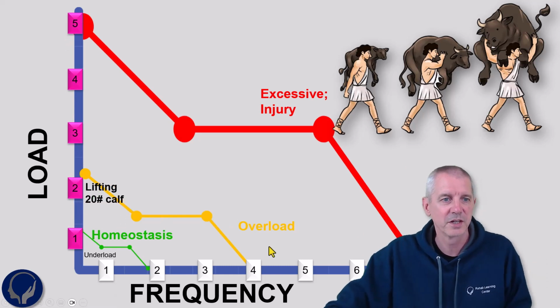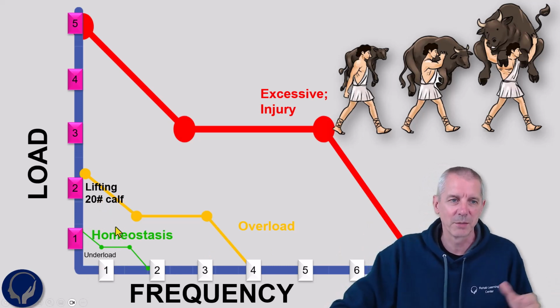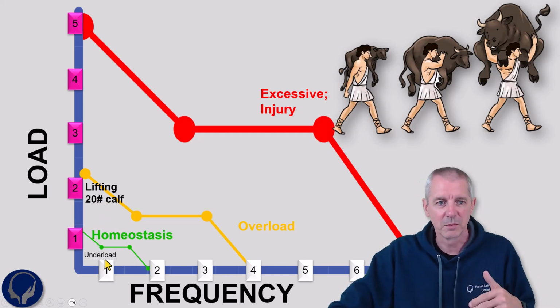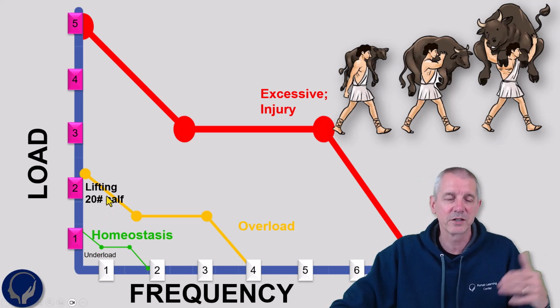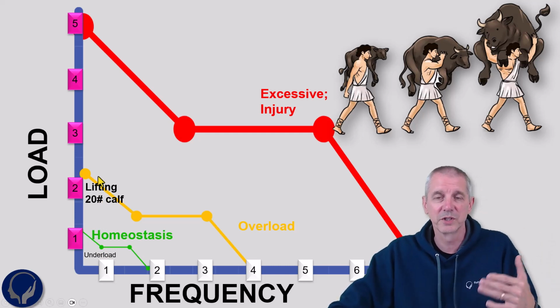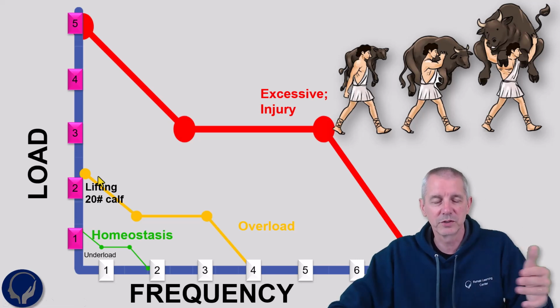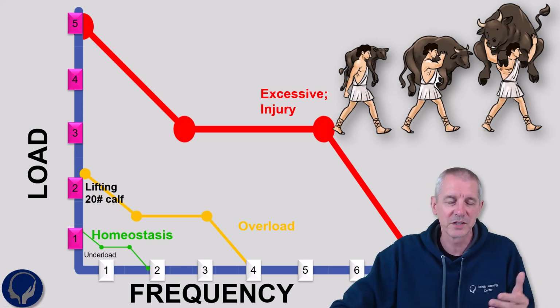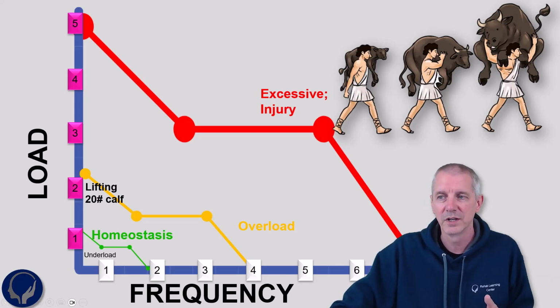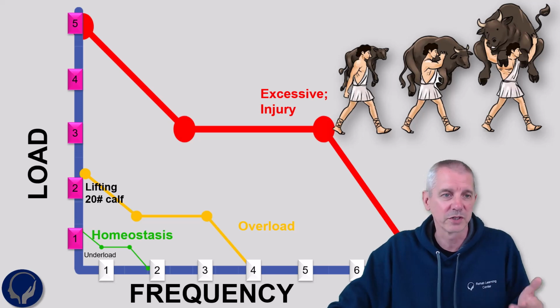So in this case, 1 day per week, he is lifting a 20-pound calf. For Milo, that puts him in the zone of homeostasis. He's good to go, but carrying that magnitude of a calf just 1 time per week puts him pretty close to his limit and to where he's going to get into overload and get stronger. But if he stays with just 1 time per week carrying that 20-pound calf, he's not going to get stronger, and he's not going to progressively overload.